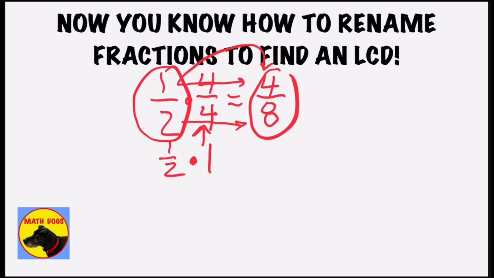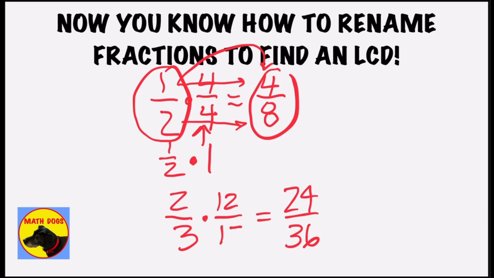Let's try our other example from the beginning. How did 2/3 become equal to 24/36? Well, we multiplied by 1, in the form of 12/12.